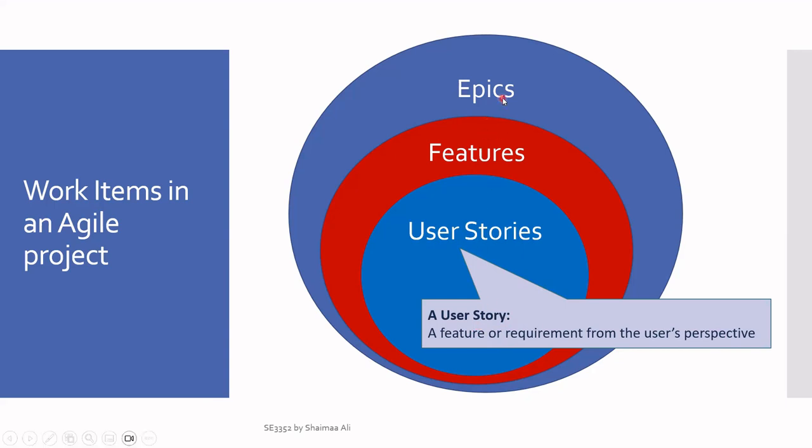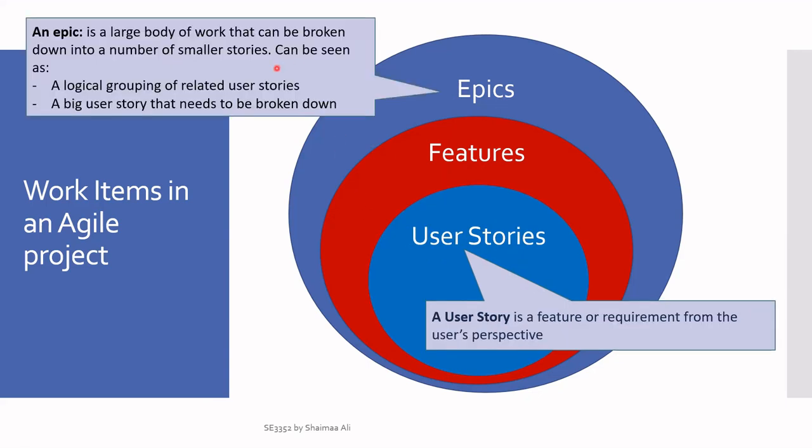Now, both these levels, the epics and the features, are just groupings or a level of organization for the user stories. Most of the time, you will see people organizing their work in terms of epics and stories directly. So an epic is just a large body of work that can be broken down into a number of smaller stories.